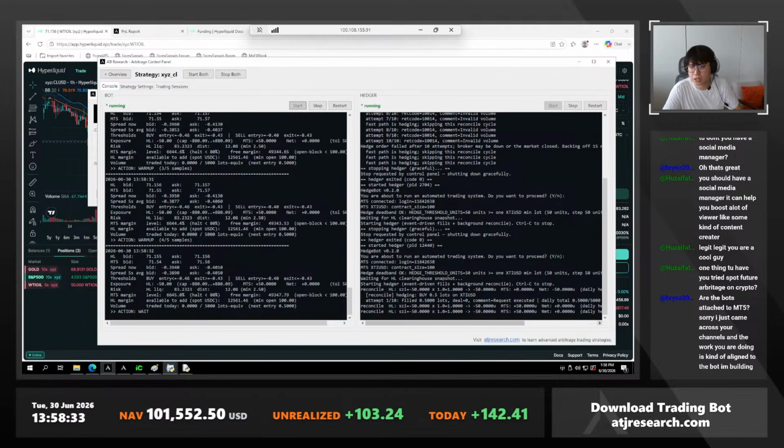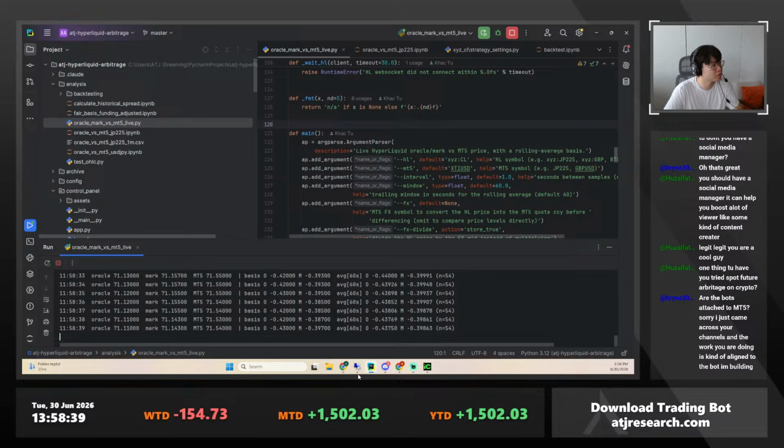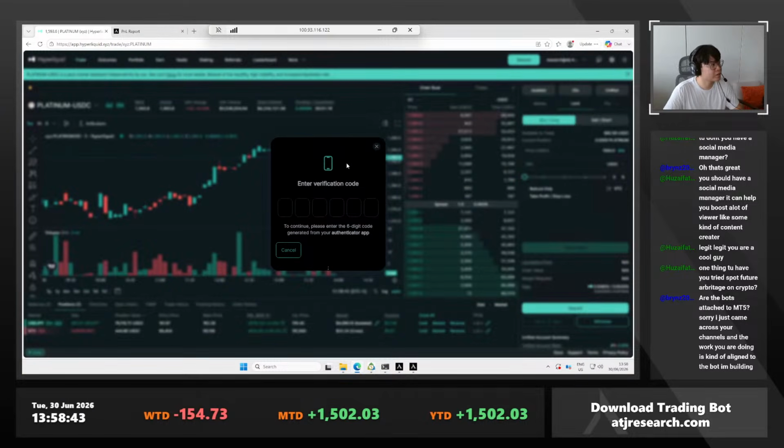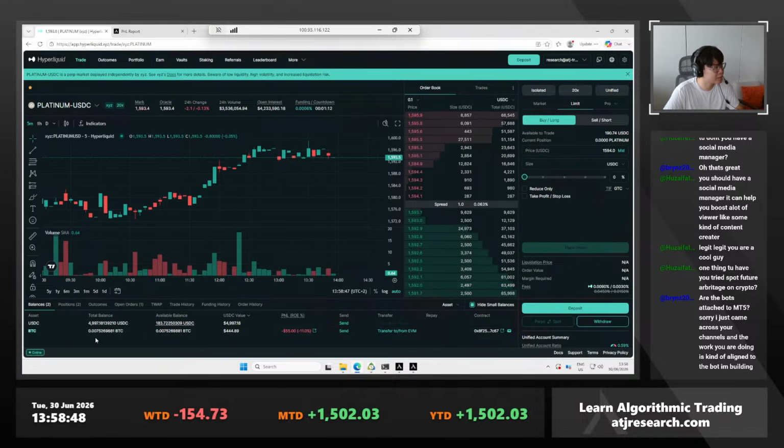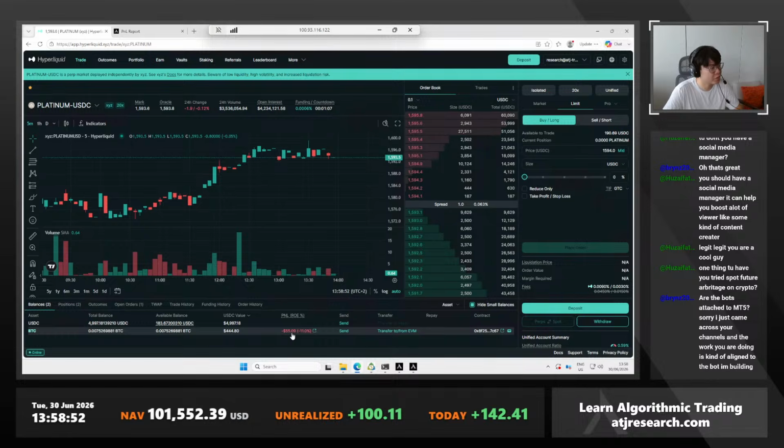One question: have you tried spot future arbitrage in crypto? Yes, I have. I have one test trade actually on my testing account, right? So here, if you look at this example, I don't trade spot future, because for me, it's not as capital efficient. But here you can see that I have a Bitcoin trade open. I bought Bitcoin as a spot asset.